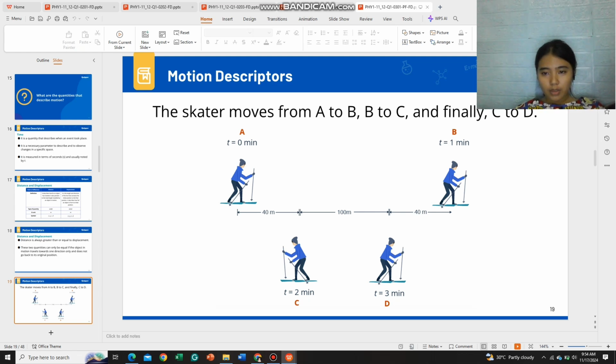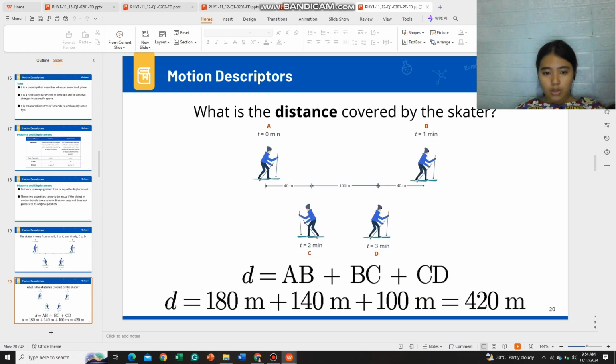So, the skater moves from A to B, B to C, and finally C to D. So, the distance covered from A to B is 180, B to C, 140, C to D, 100. With a total of 420 meters. That is the distance covered.